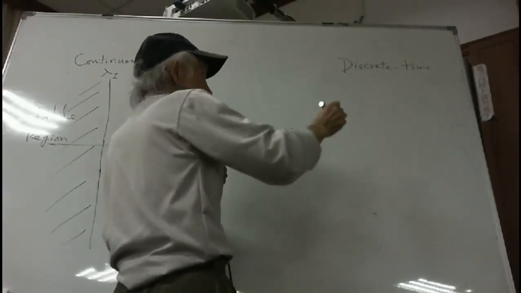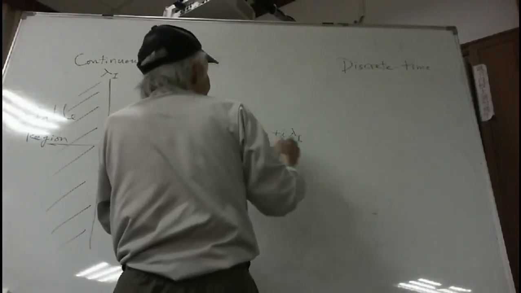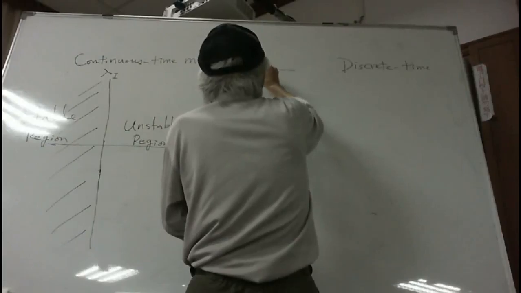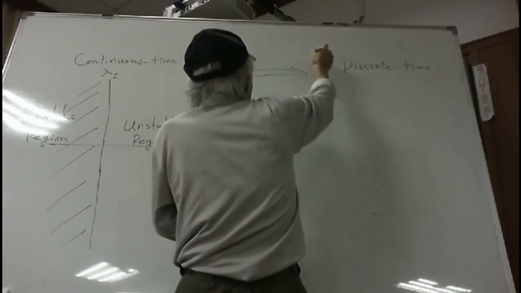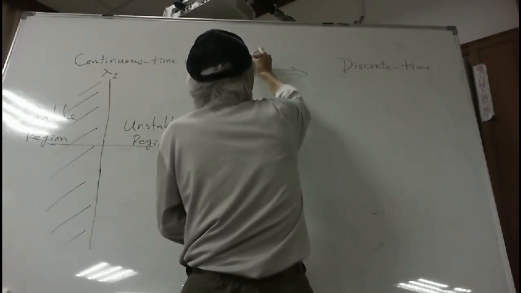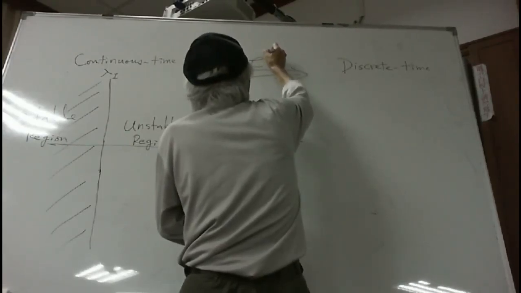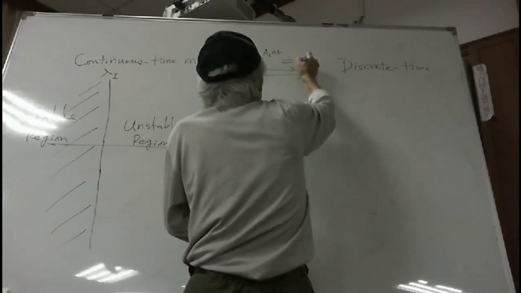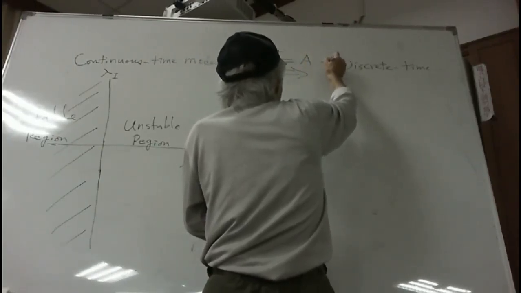What is discrete time? If this is continuous time, the discrete time A is e to the A_c delta T, equal to A. That's my discrete time, right?